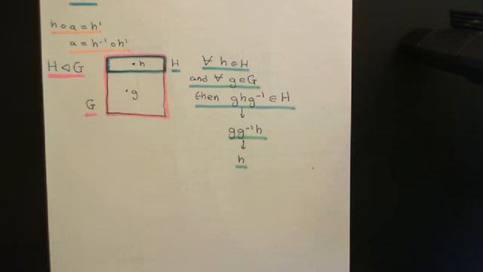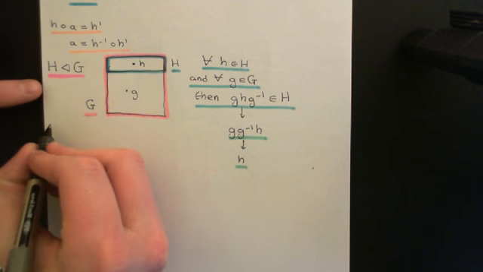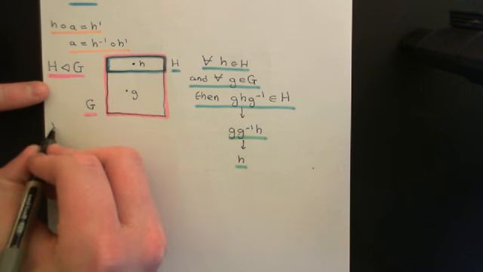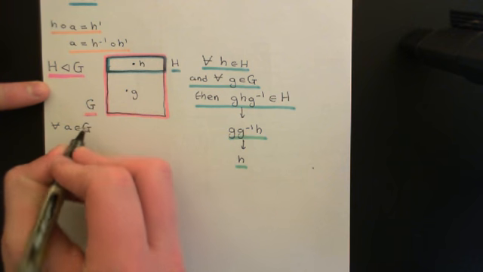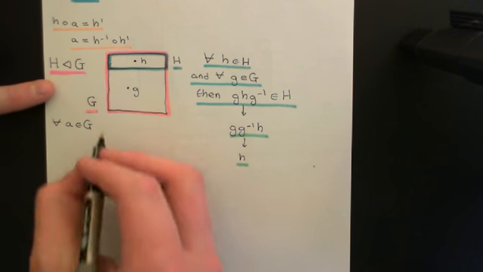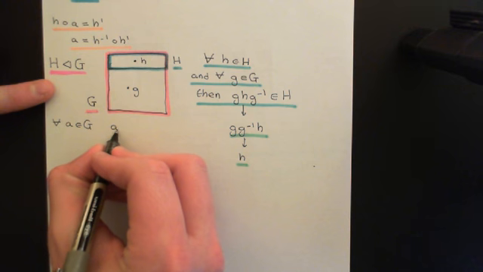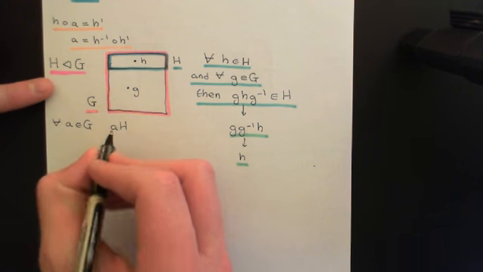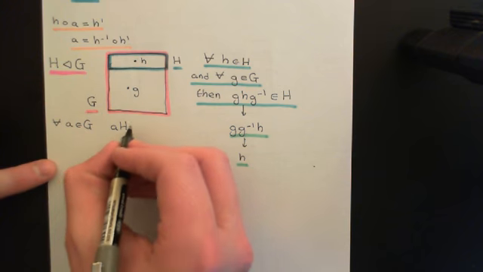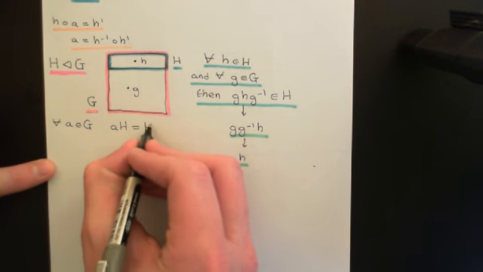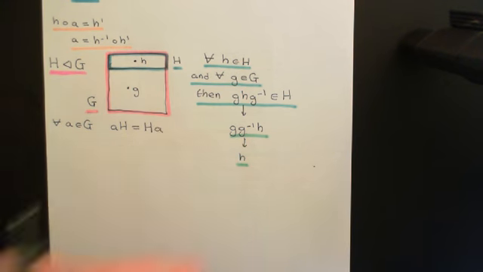And the theorem that we want to prove concerning normal subgroups is that for all little a that is an element of the group, if you take the left coset of our now normal subgroup H under this element a, it's going to be equal to the right coset of the normal subgroup H under a.